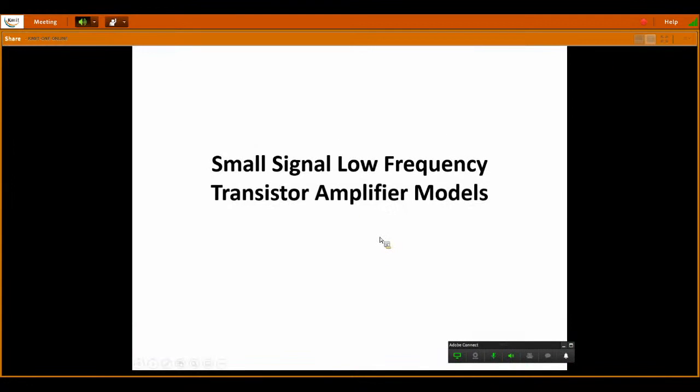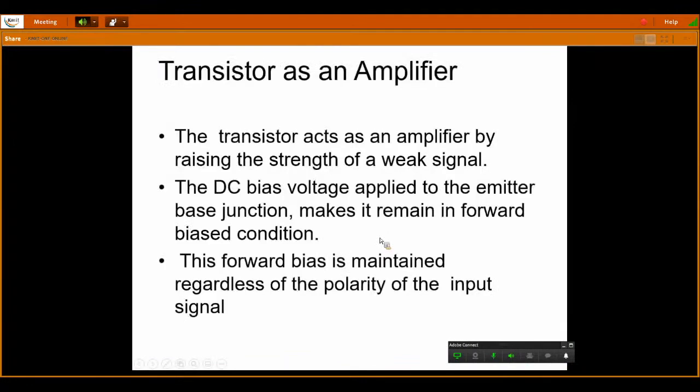So small signal low frequency transistor amplifier models we have to study now. The transistor acts as an amplifier by raising the strength of the weak signal, and the DC bias voltages are applied at the base to emitter junction and the collector to base junction, which maintains a forward bias condition at the input junction and a reverse bias condition at the output junction.